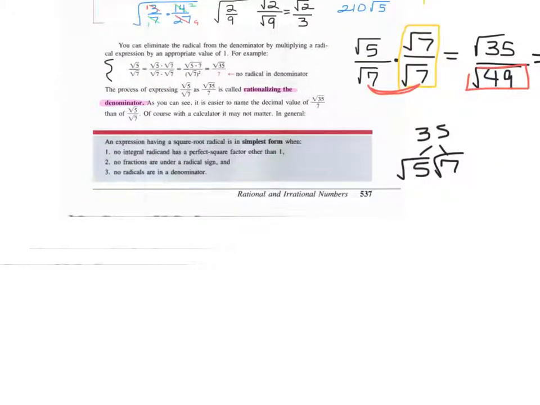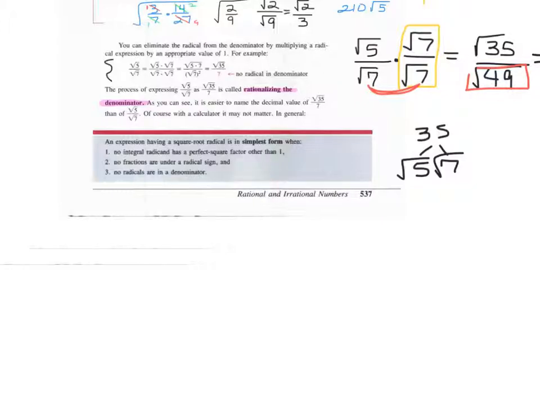So in this little gray area, it's got the conditions that would produce an expression that's in simplest form. So here, no integral radicand has a perfect square factor other than 1.